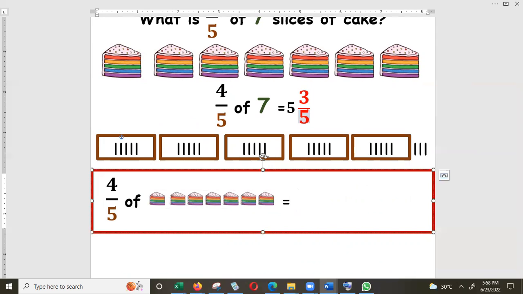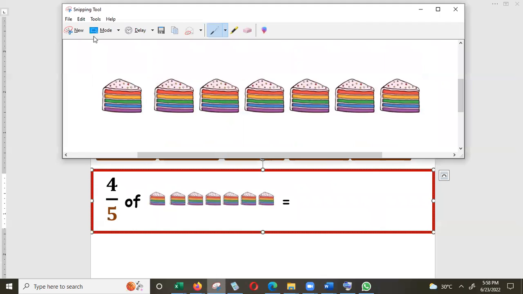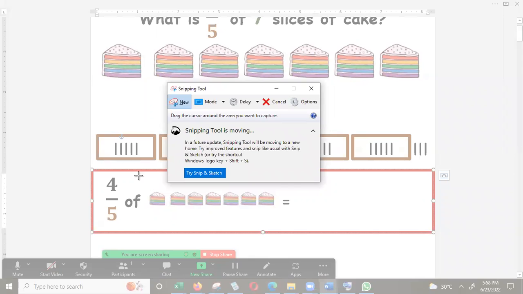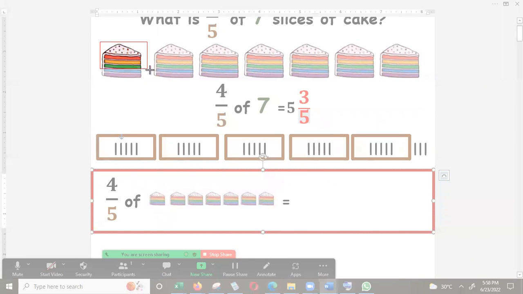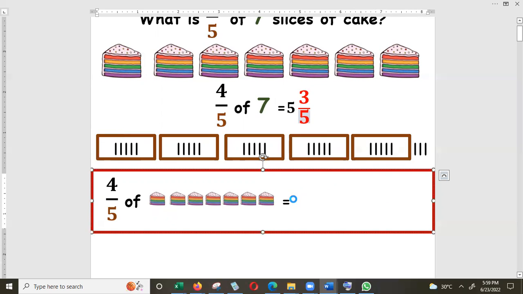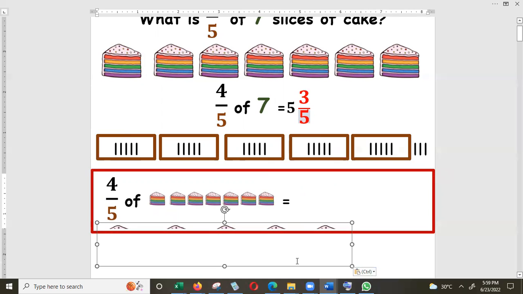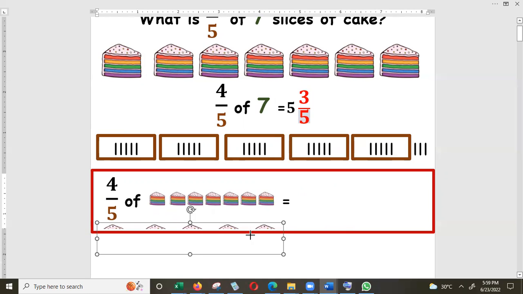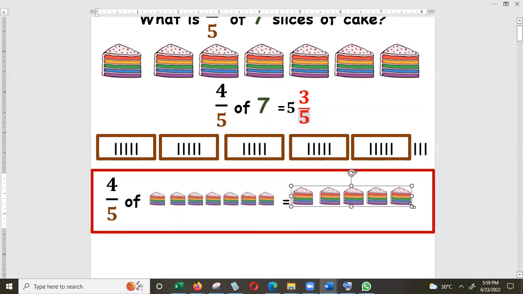That will be equal to 5. So we want 5: 1, 2, 3, 4, 5. And 3/5, 3 out of 5.